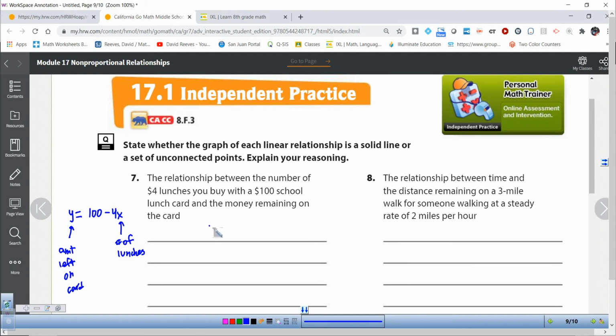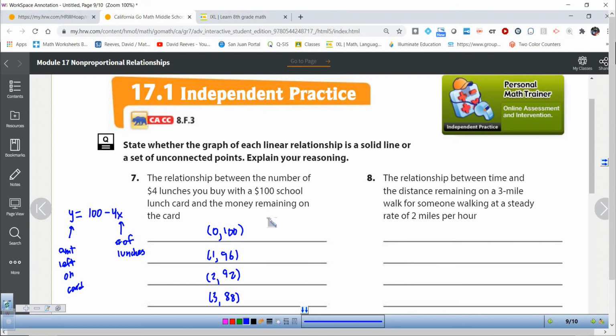So if you buy 0 lunches, then you have $100. If you buy one lunch, then you have $96. If you buy two lunches, then we need to take $4 more away. We get 92. Three lunches, we take $4 more away. We get 88, and so on.